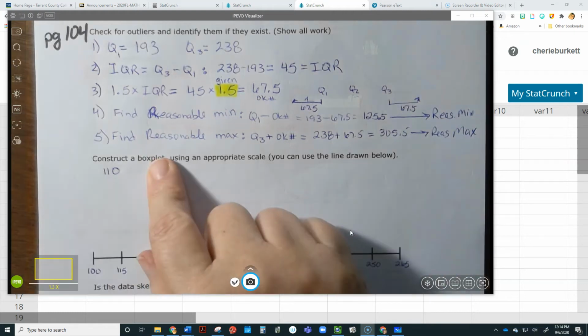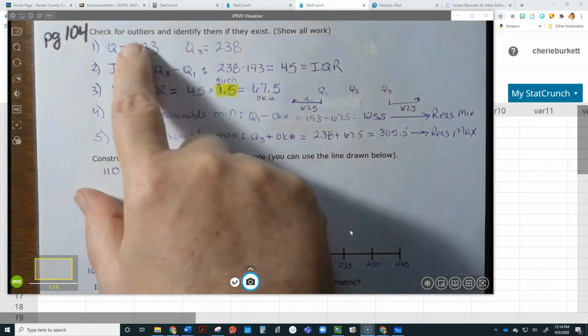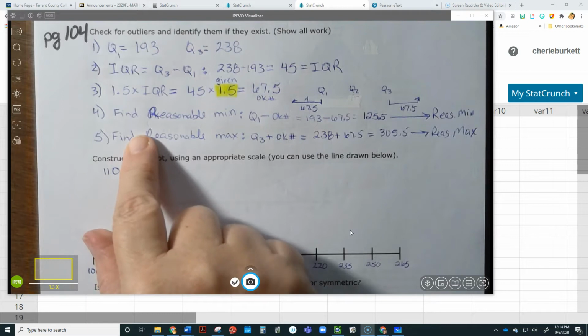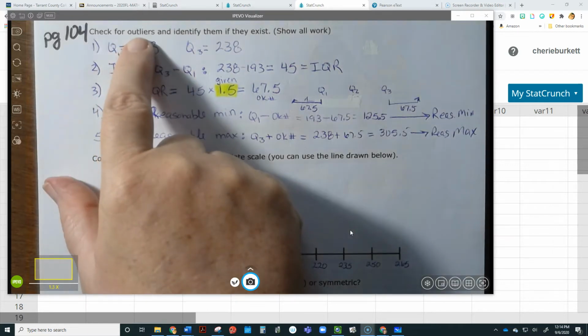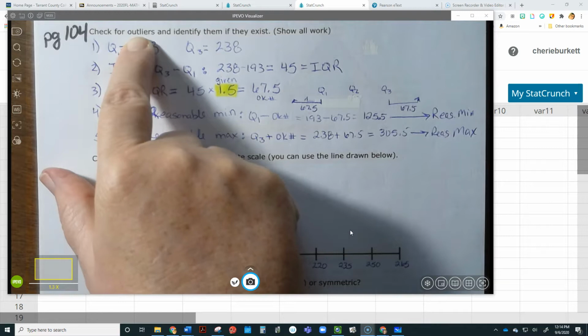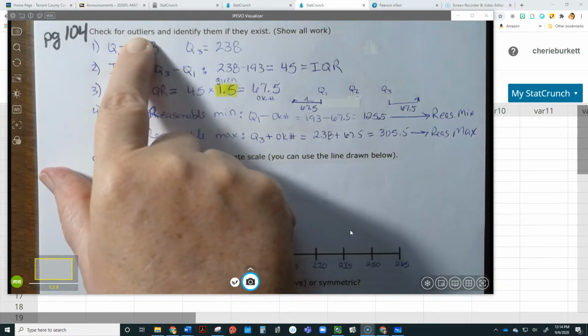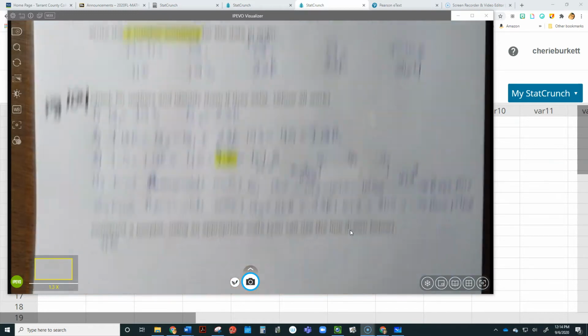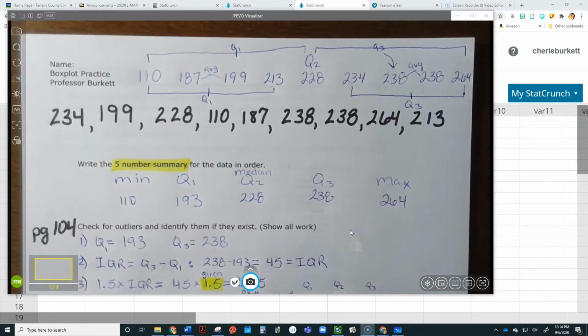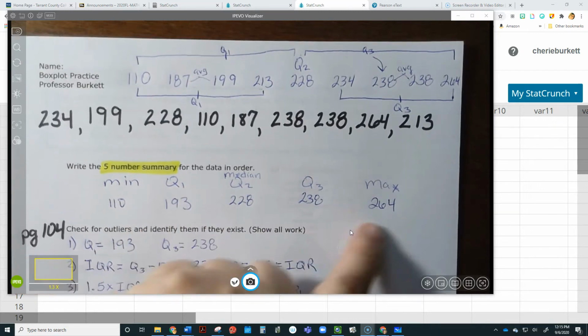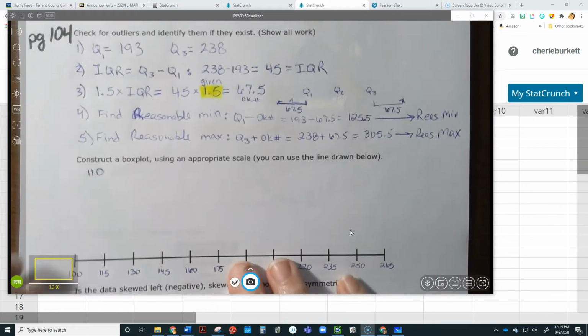All right, so we left off doing these 5 steps to try to determine whether or not we have any outliers. Now, an outlier is a number that is farther away from all of our data points than it should be, farther away from our min or max.